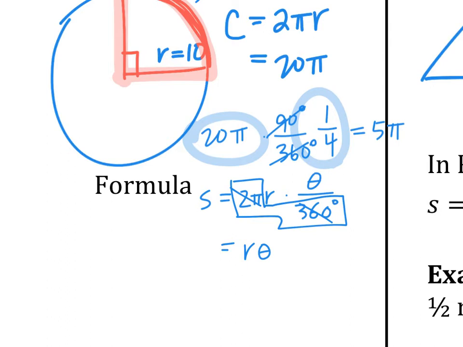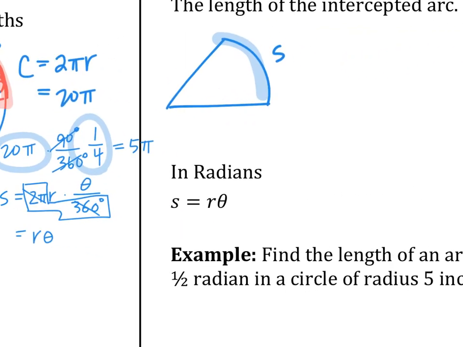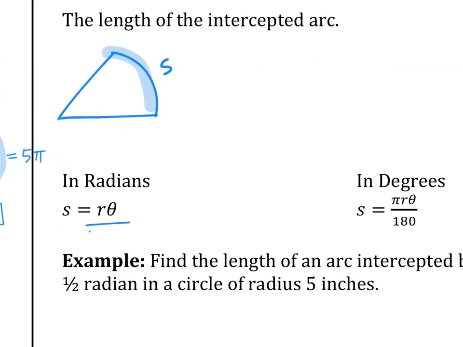But like I said, on the test day, most people don't remember the formula. Please just follow the logic. You're just asking yourself, how much of the circle do you want? Okay, so the formula is r theta. Remember, theta has to be in radians. If theta is not in radians, you have to convert.